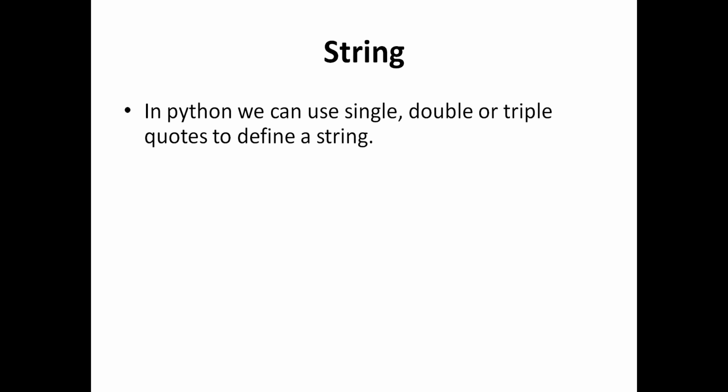The operator plus is used to concatenate two strings, as in hello plus Python returns hello Python. The operator star is known as the repetition operator, as the operation Python into 2 returns Python Python.